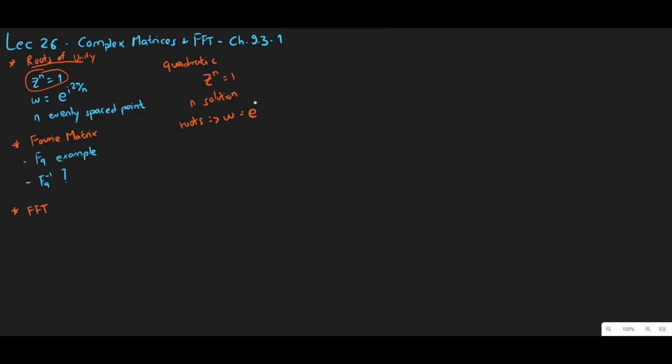Actually, this is the first root. I should say the first root, okay? But the second root is pretty simple. It's just w squared. And so on, you have w to the 3 until w to the n, okay?